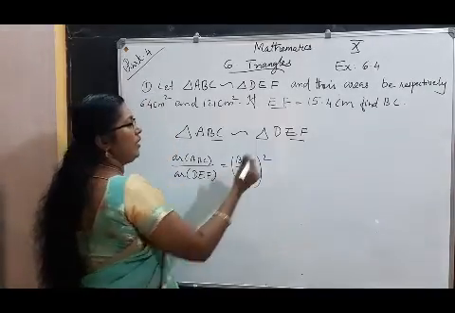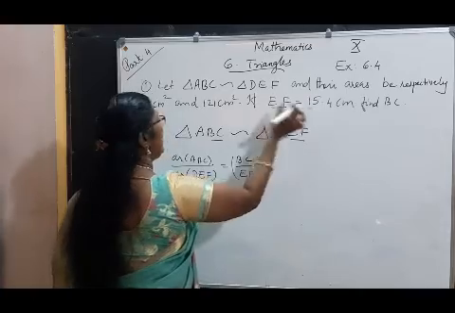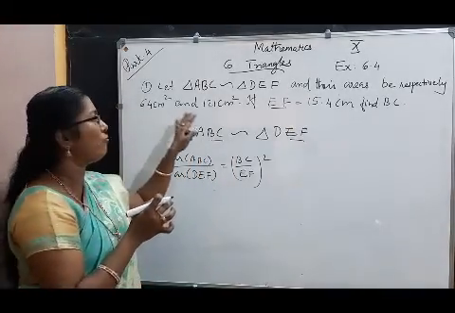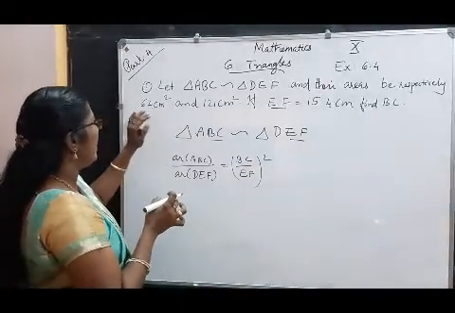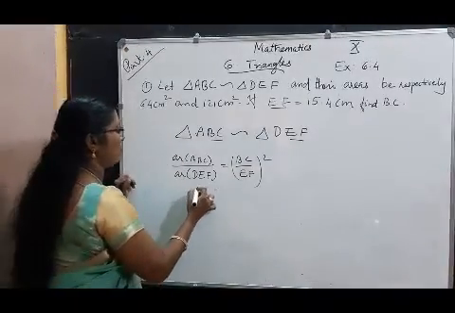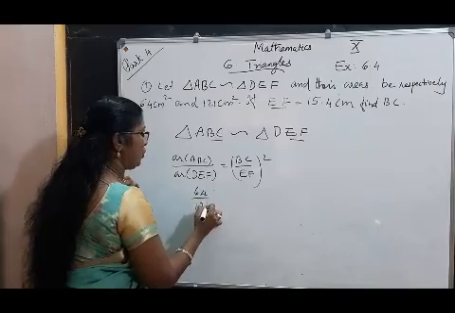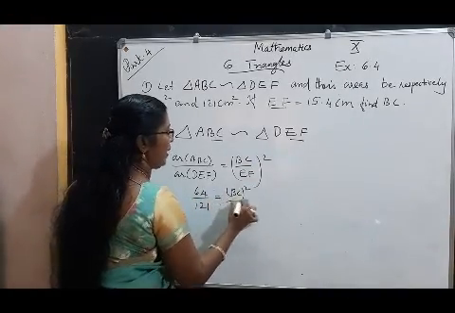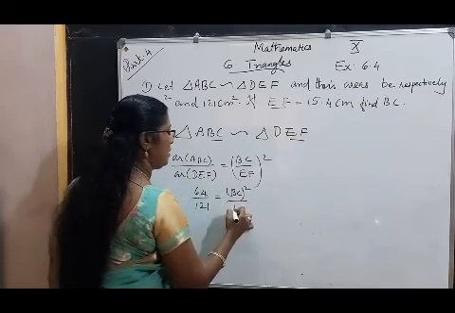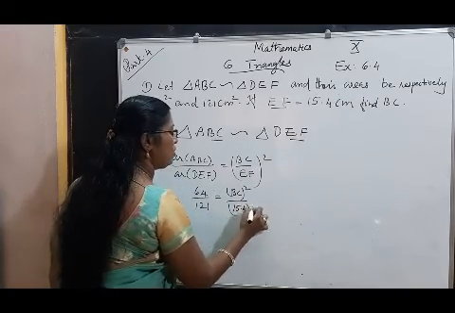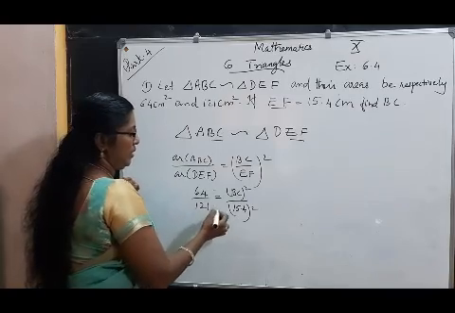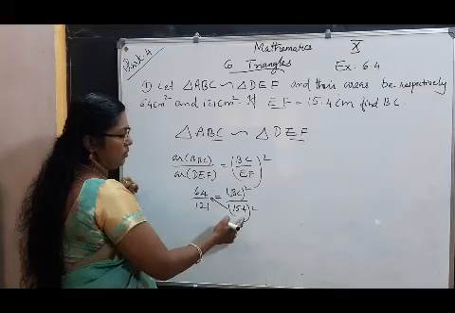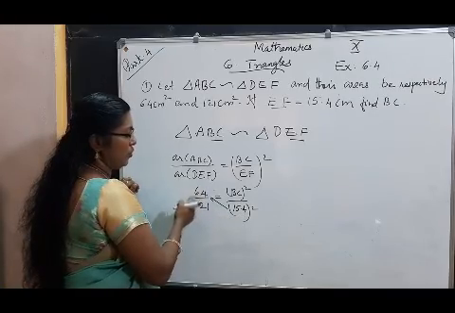Then EF is given as 15.4, and the areas are also given, 64 cm square and 121 cm square. Area of ABC by area of DEF is 64 by 121 equal to BC square by EF square, that is 15.4 square. Then transpose the denominator to the numerator.